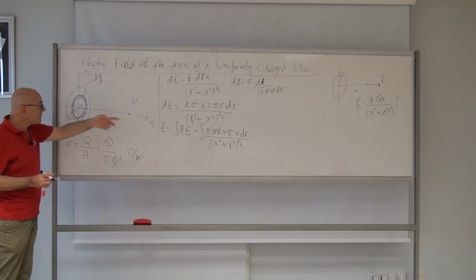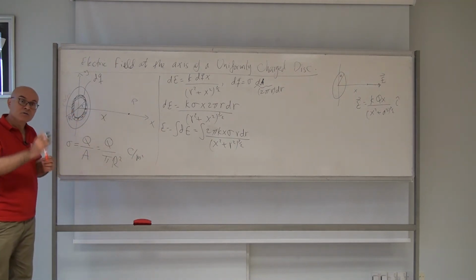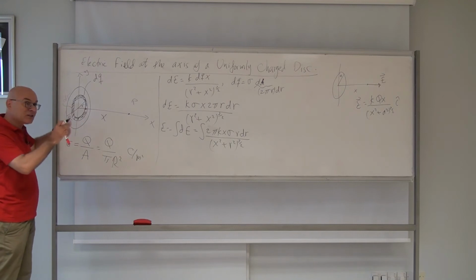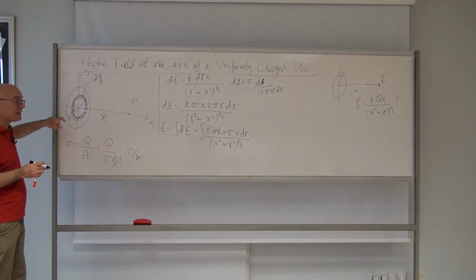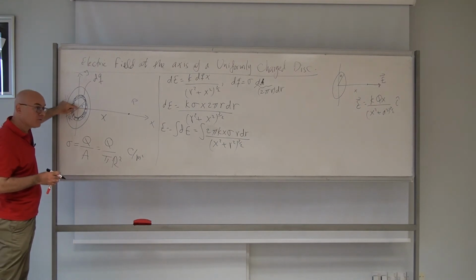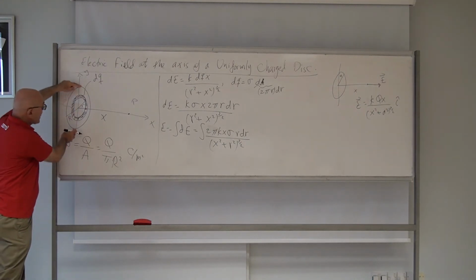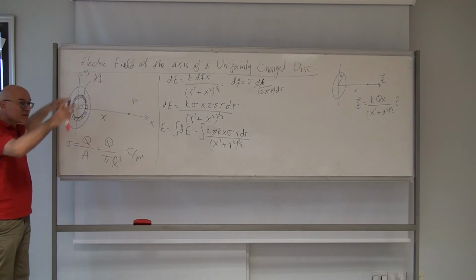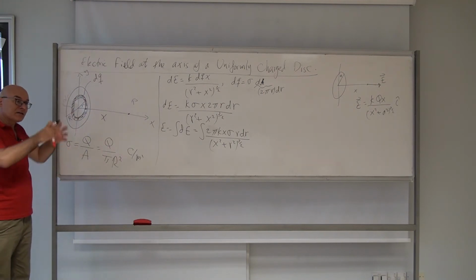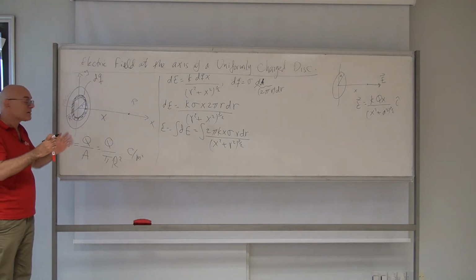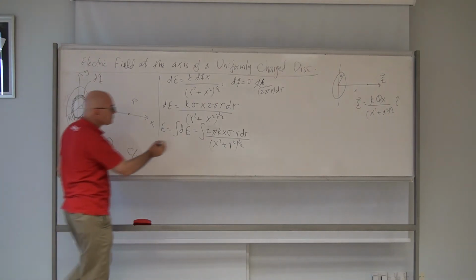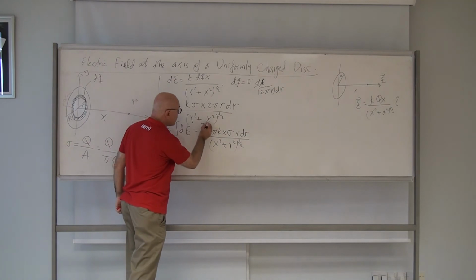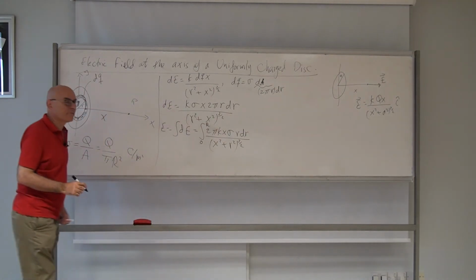Well, you want r to vary so that it catches all the dq's that form the disk. So it should vary from 0 up to capital R, because this is where the charge is distributed. So we make this go from 0 to R.